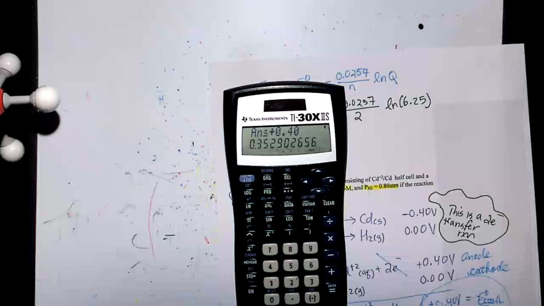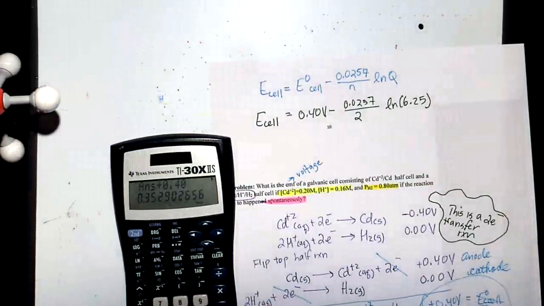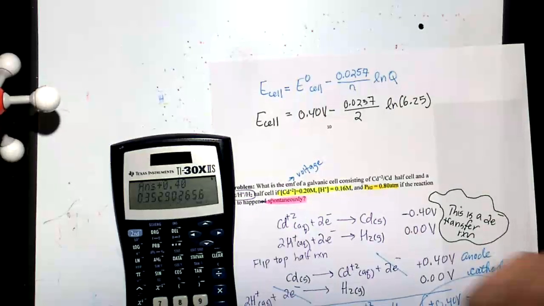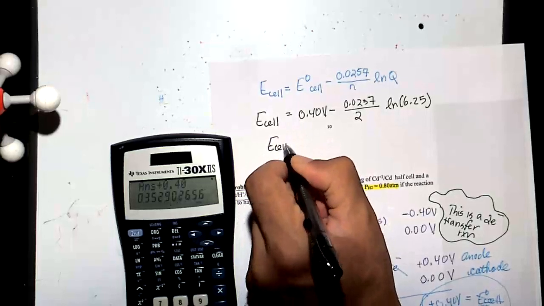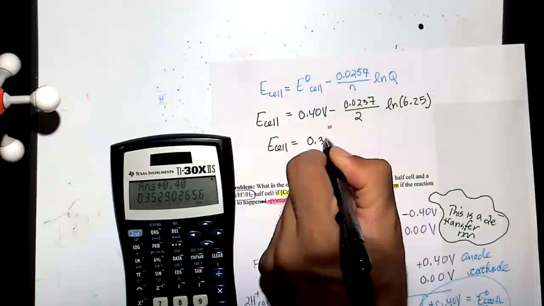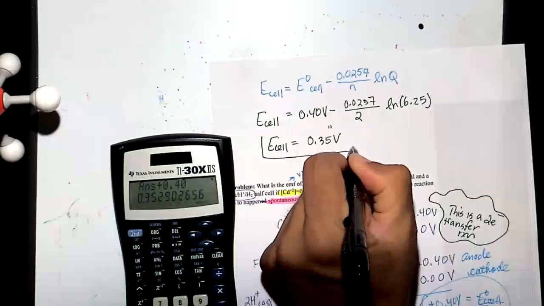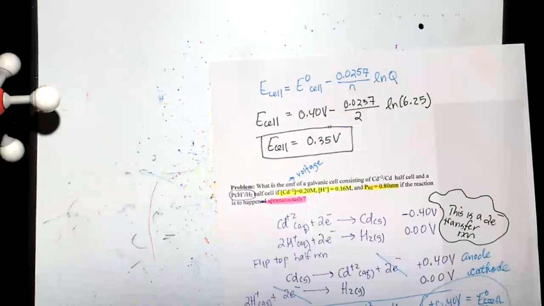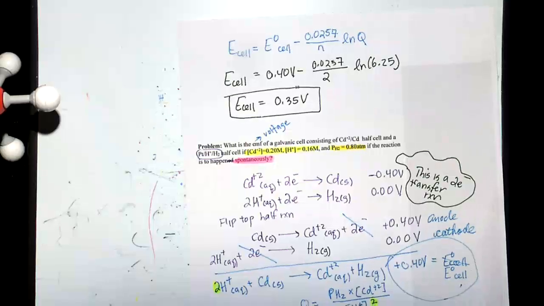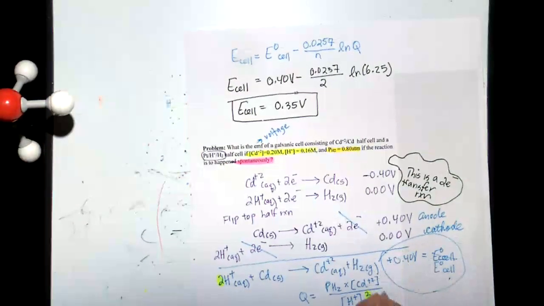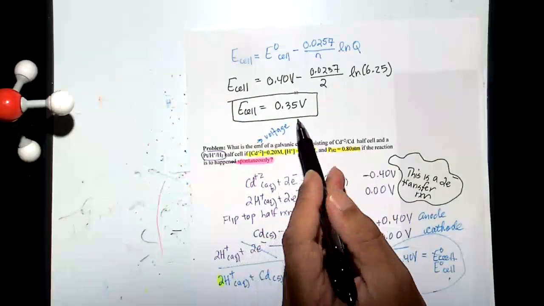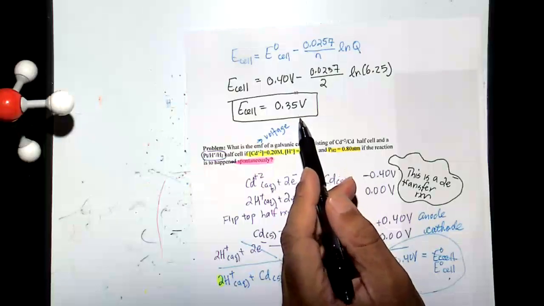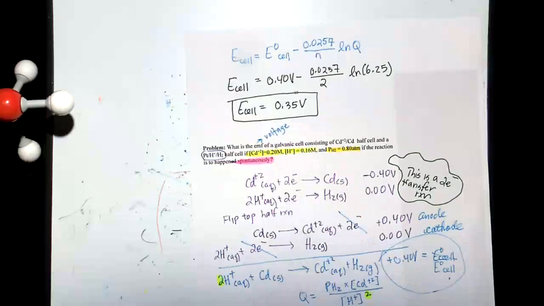I'm getting about 0.35 volts, and this is, I believe, the answer. So notice at standard state, we have a battery between cadmium and hydrogen. And if you tweak the concentrations, you can get a little bit lower voltage.